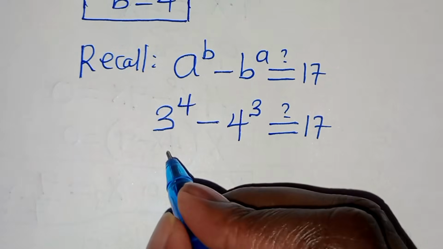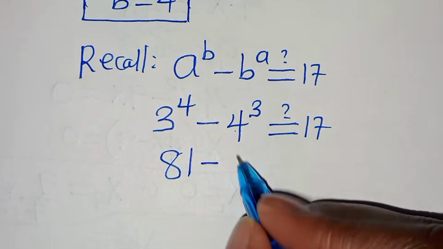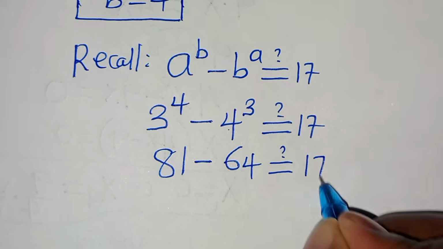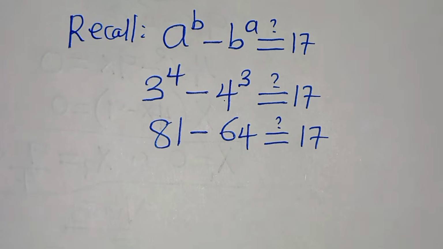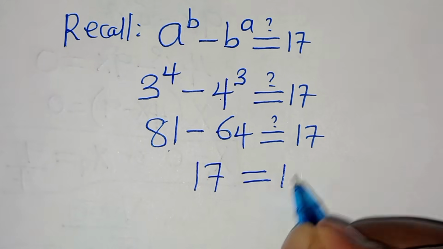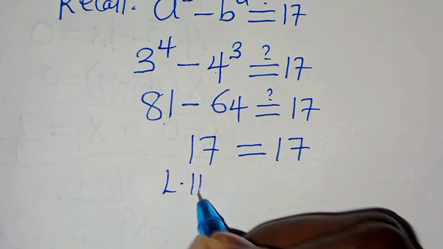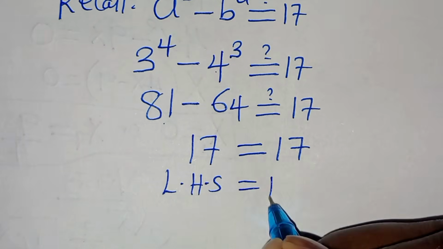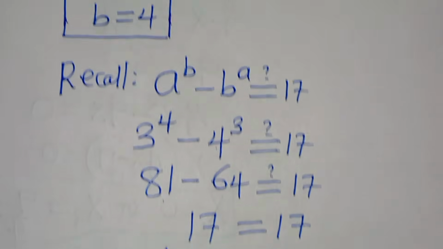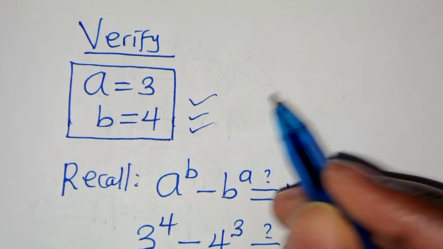So 3 to the power of 4 minus 4 to the power of 3 is supposed to give us 17. 3 to the power of 4 is 81, minus 4 to the power of 3, which is 64. So 81 minus 64 is equal to 17. This implies that the left hand side is equal to the right hand side, and this confirms that a, which is 3, and b, which is 4, satisfy the equation.